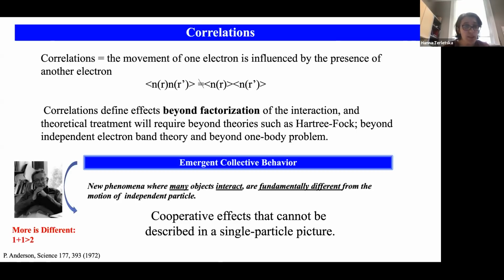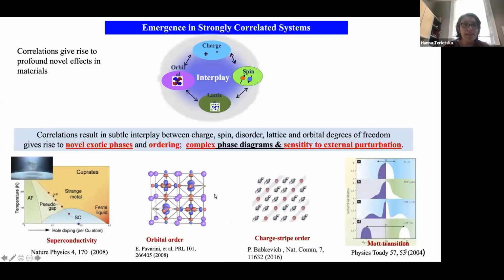And this was pointed out by the famous Anderson paper, More is Different, where he showed that because of correlations, different emergent behavior can appear, where new phenomena appear from many interacting objects, and it's fundamentally different from the motion of independent objects.